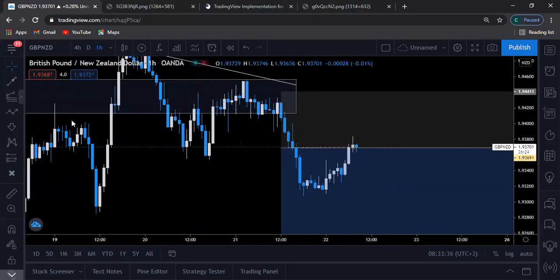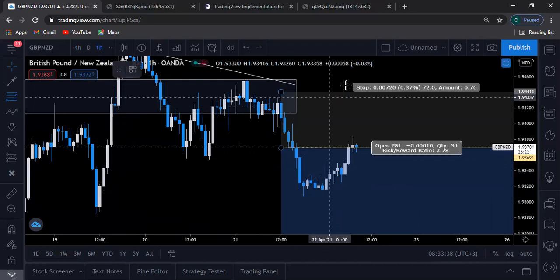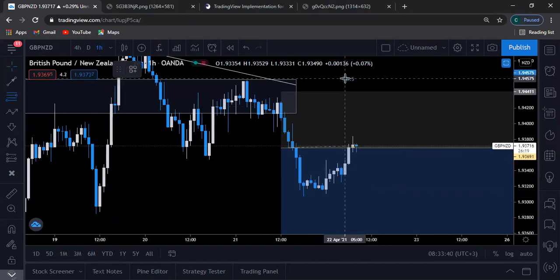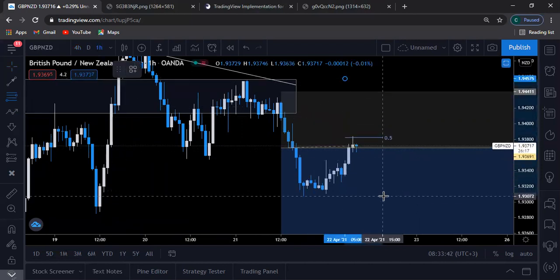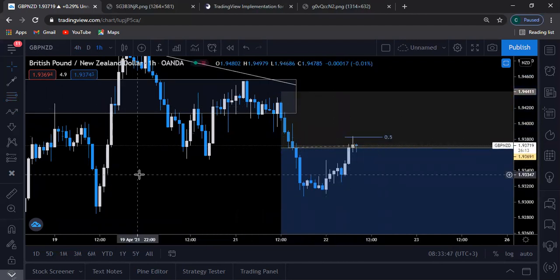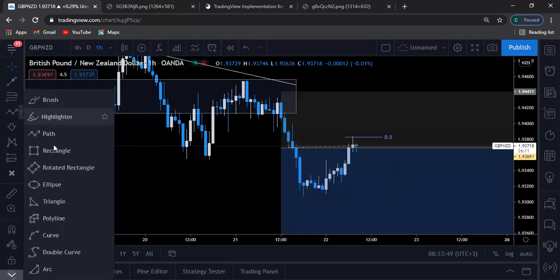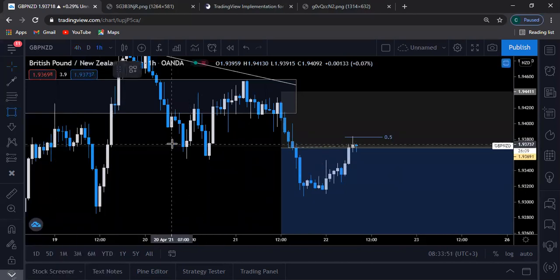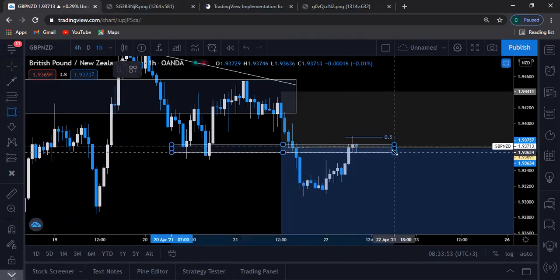So that means the bulls might be ending their run, okay? And obviously, if we apply the Fibonacci, you can see it's a 0.5 golden key level. And another confluence is that it just came back to retest this broken market structure here.